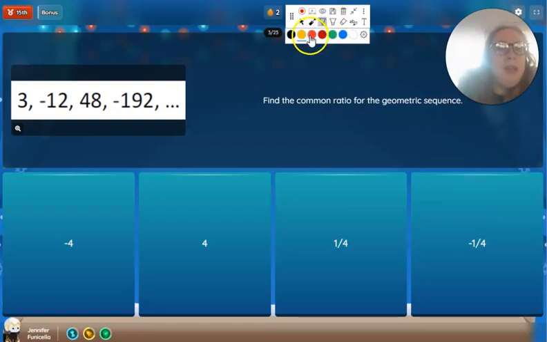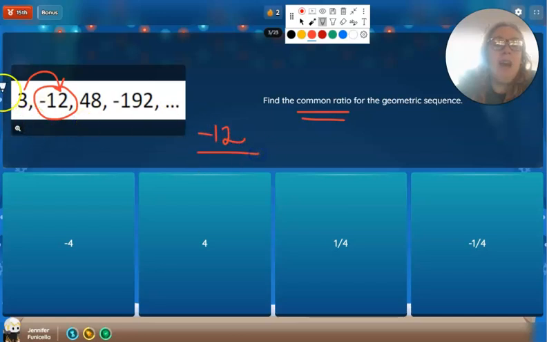For this one, we're going from 3 to negative 12. So you can look at any two terms and think about what that multiplier is. If you're not sure what the common ratio is, remember you can take the second term, negative 12, and divide it by the first term, which is 3.